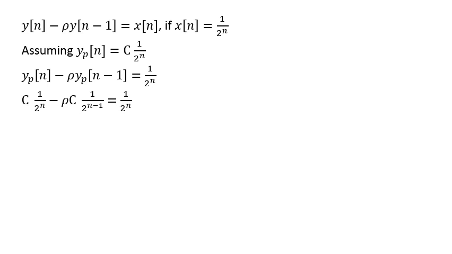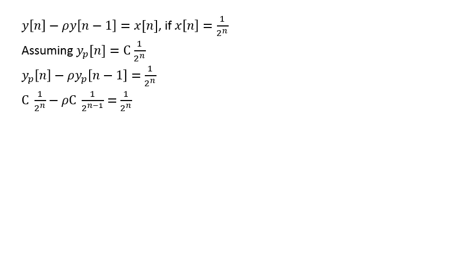So based on this input, we assume that the output y of p, the particular solution, will be some scaled version of this input. So we say, okay, y of p equals c times 1 by 2 power n, right?